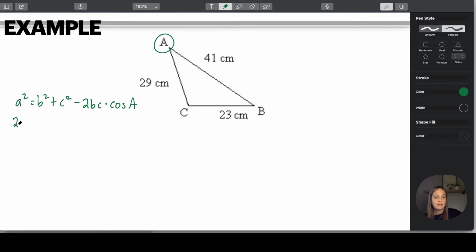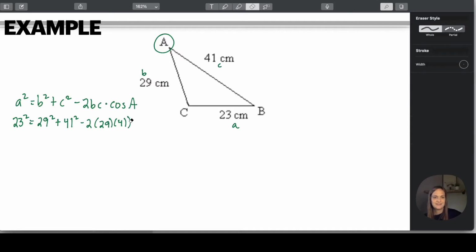So little a is 23. That is b and that is c, b is 29, c is 41, and then again we write 29 and 41.